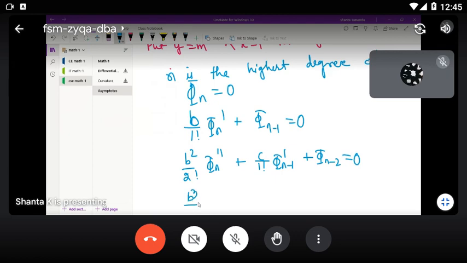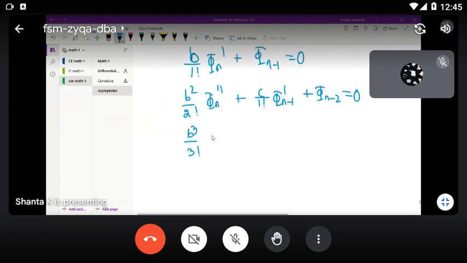So b cube by 3 factorial, and similarly you can keep on increasing this. Then b squared by 2 factorial has the second derivative, b by 1 factorial the first derivative, with n minus 1, n minus 2, n minus 3.